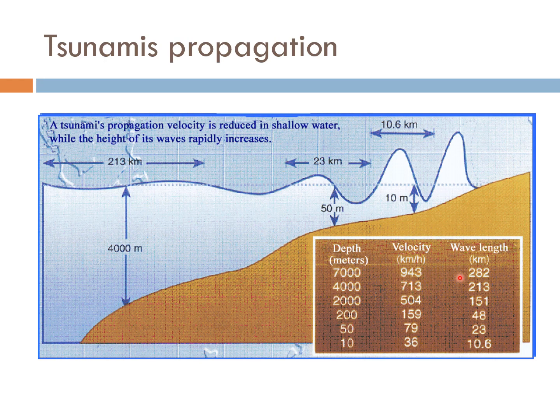And this evolves to, for example, only a wavelength of 48 kilometers in water of 200 meters deep, but the velocity has reduced, and eventually when the water depth drops to 10 meters, the wavelength may become so short, it's only 10 meters, and the velocity now has greatly reduced to only about 36 kilometers per hour, and that concentration of energy causes the wave height to increase.